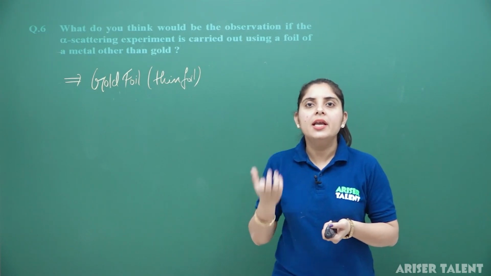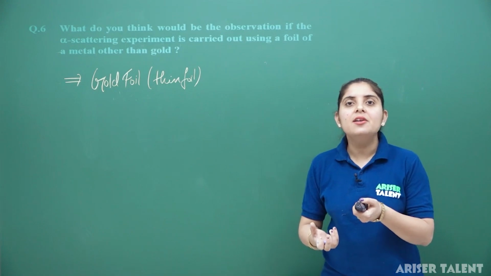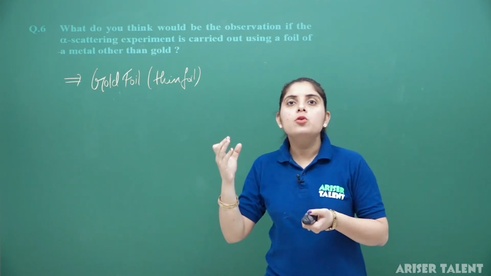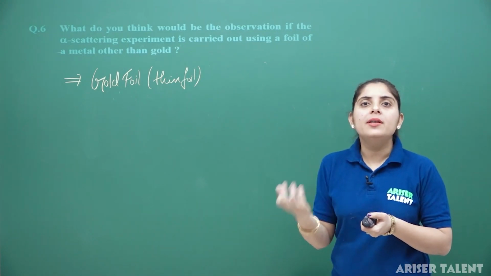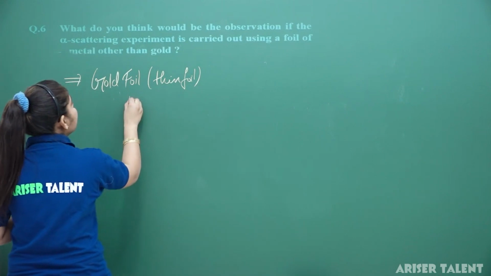Secondly, if we use a thick foil of a certain element, what happens? If we use thick foil, the alpha particles will not bounce back, or we will not get the desired results. So what are the drawbacks of using thick foil?